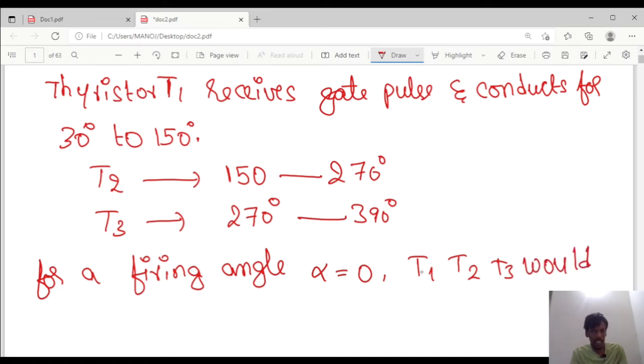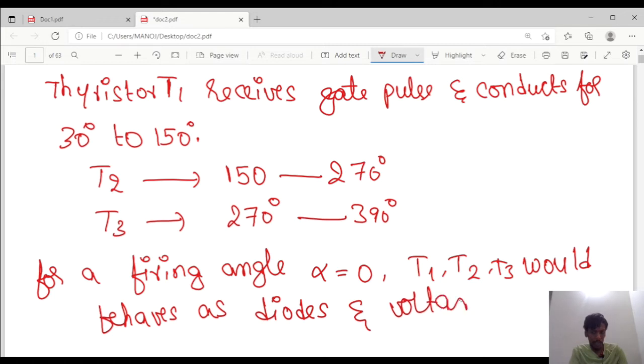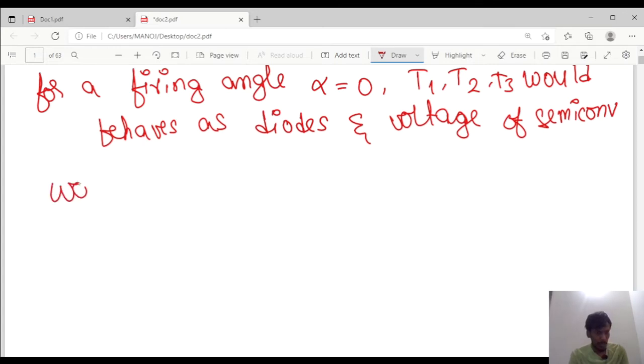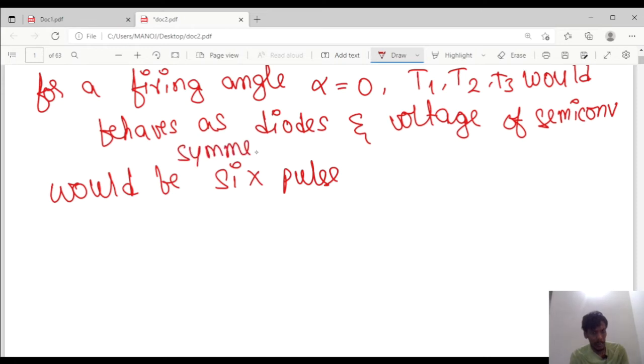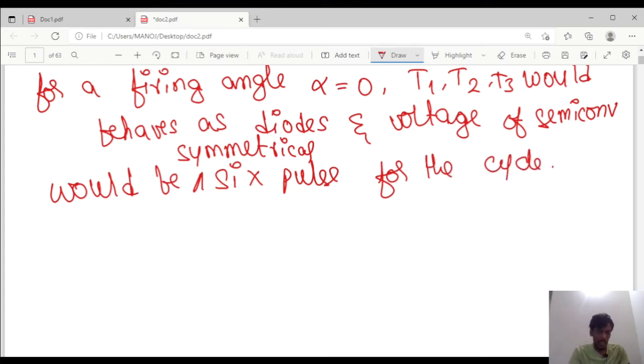In the semi-converter, for alpha equal to 0 degrees, T1, T2, T3 behave as diodes, and the output voltage of the semi-converter would be a symmetrical 6 pulse for the cycle. So it is represented here.